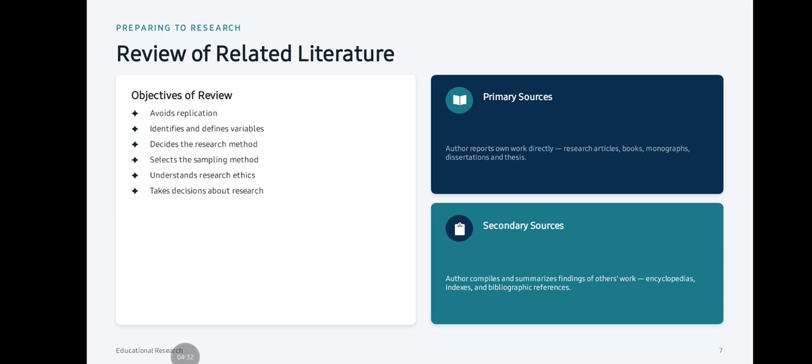Primary sources: author reports own work directly. Research articles, books, monographs, dissertations and theses. Secondary source: author compiles and summarizes findings of others' work. Encyclopedias, indexes and bibliographic references.